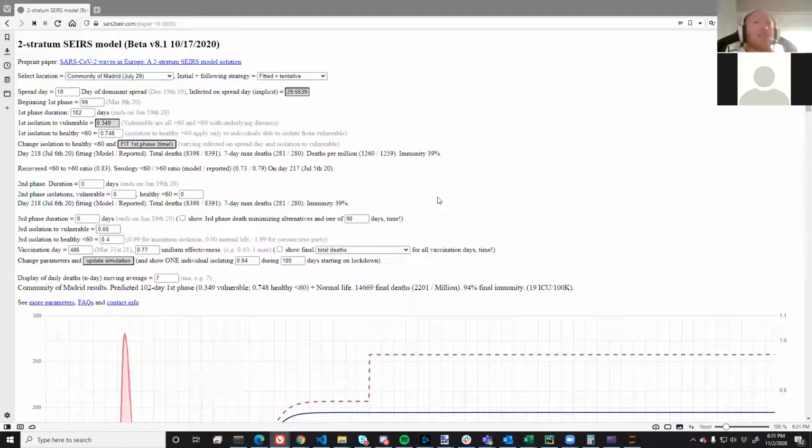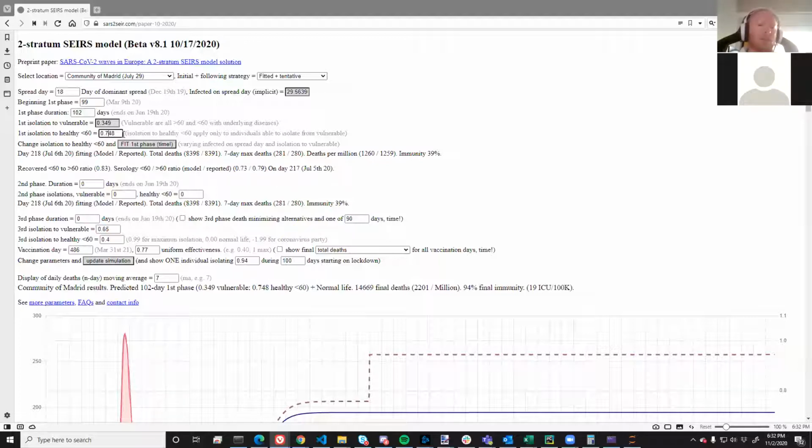Interestingly enough, you probably haven't looked at it before, but the immunity is 39% here. If you look here, this is the seroprevalence ratio that was reported by the model, and this is the number that serology studies actually found on the ground. So essentially what we need to do is figure out how to push this 33 number into 79.